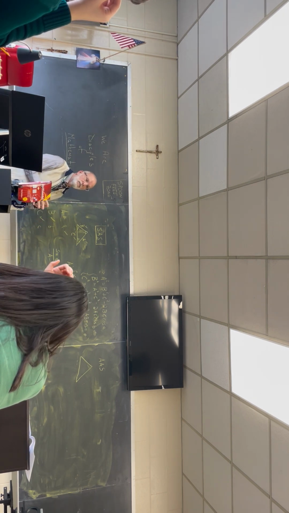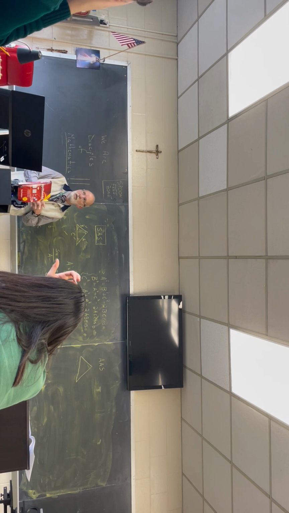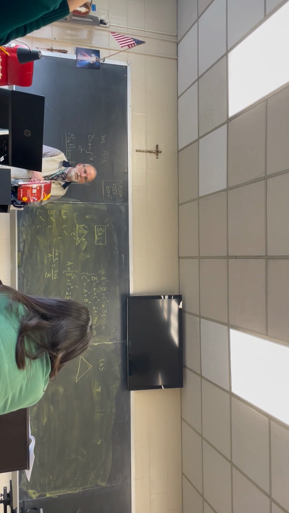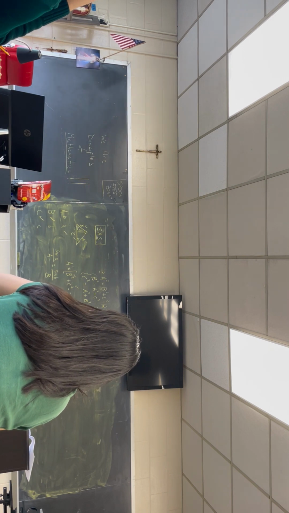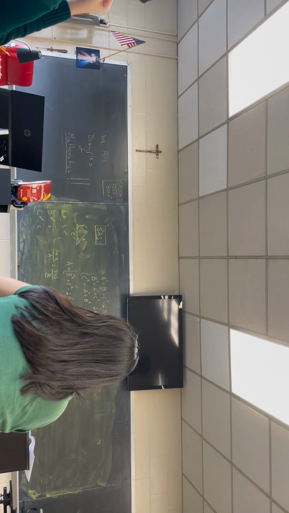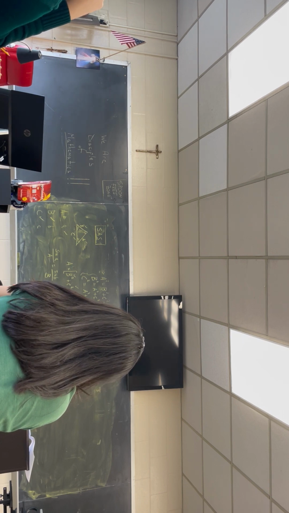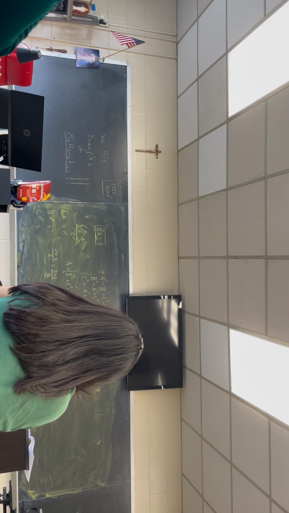So whatever the dimensions of the sides are will dictate the measurement of the angles. So you don't have to worry about that right here. So now we've got A, B, C. This is A, this is B, this is C. So now we've got angle side.